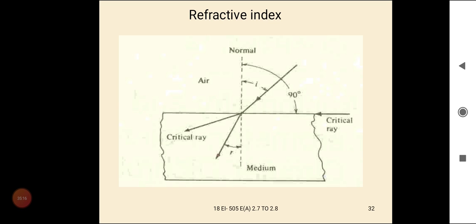When a ray of light passes from one medium to another medium of different densities, the angle of incidence is I, that is sin I, and the angle of refraction is R, that is sin R. The index of refraction eta is given by the ratio of sin I to sin R. So eta is equal to sin I by sin R.